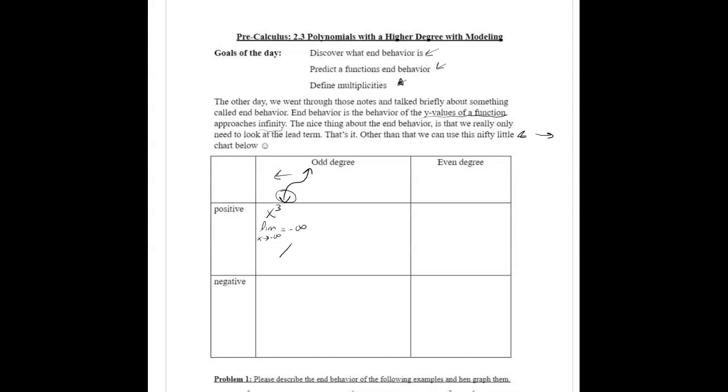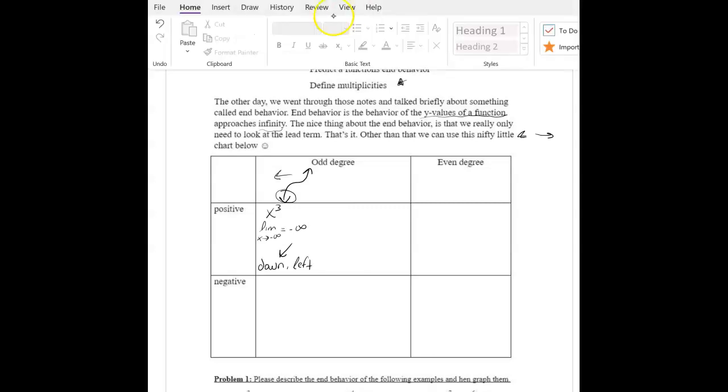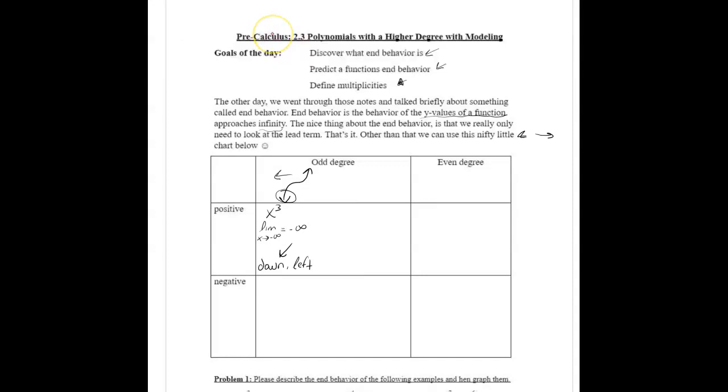So that just means I'm going down to the left. Likewise, if I have this piece, I am going to the right with my x values, the limit as x approaches positive infinity.